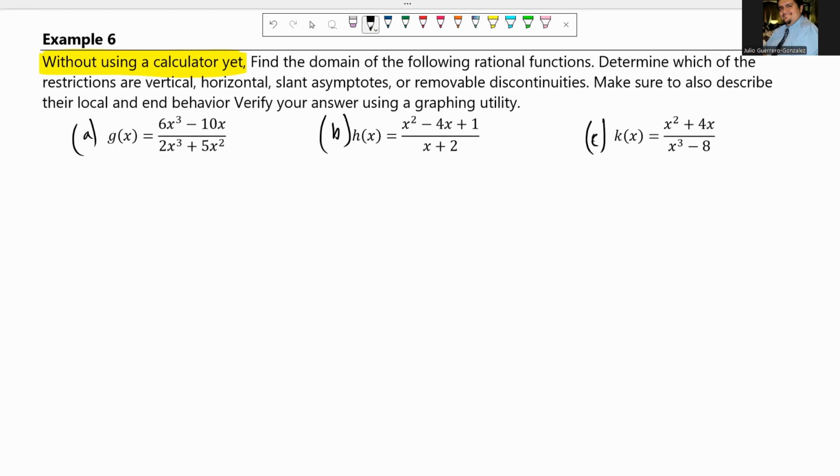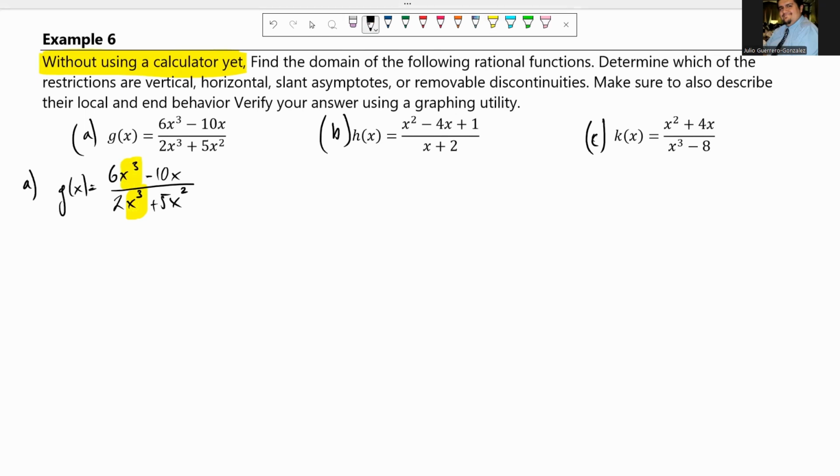Let's do A first. First of all, I'm going to go g of x and just copy it down: 6x cubed minus 10x divided by 2x cubed plus 5x squared. Notice that for this, the degrees are equal.